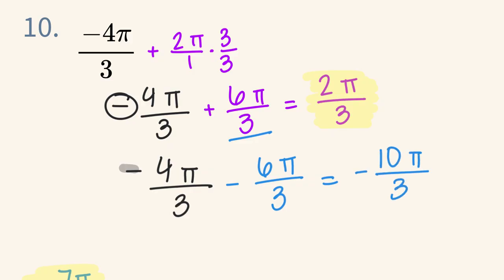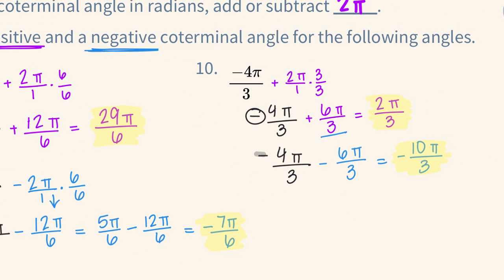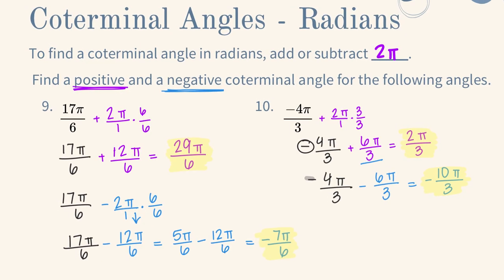And that is negative, so this would be my answer. Don't forget, these are written in radians, and when it's written in radians, you have to use 2 pi. So when it asks for positive and negative coterminal angles, you have to determine whether it is in radians or degrees to determine what you're using.